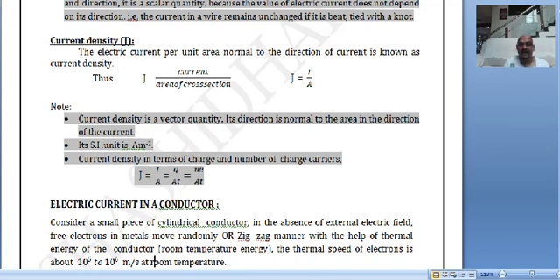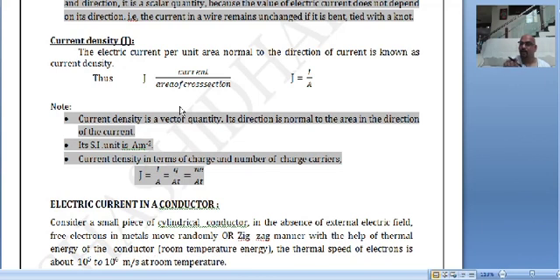J is equal to I divided by A, the current divided by the area of cross section, and that area of cross section is normal to the direction of current.